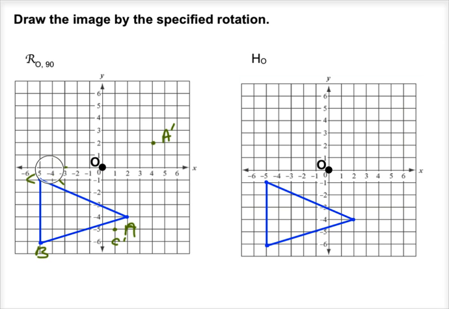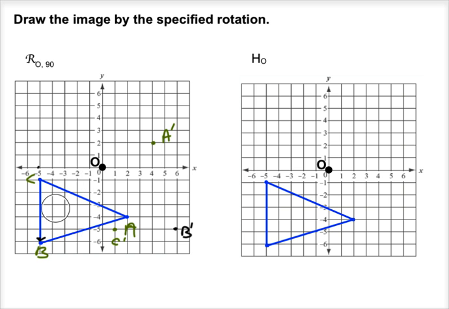And think of the same thing for point B. If I want to get to point B, that's really 5 to the left and coming down 6. And if I rotate all of this 90 degrees, instead of going left 5, I'm really coming down 5. And then I'm going to end up going 6 to the right. And my new point out here is B prime.